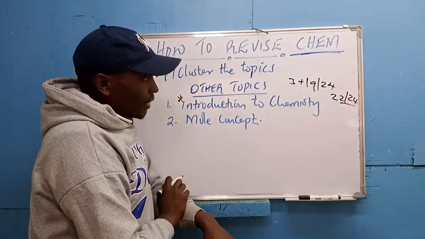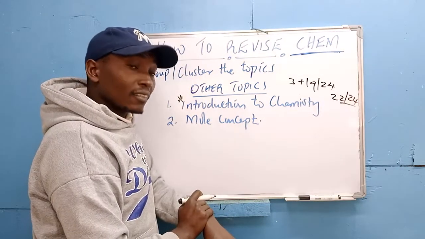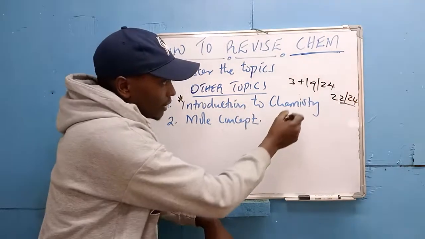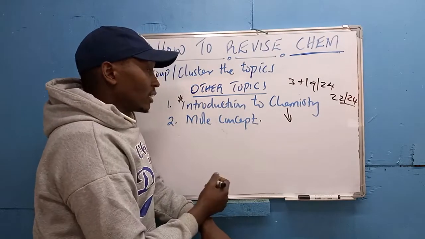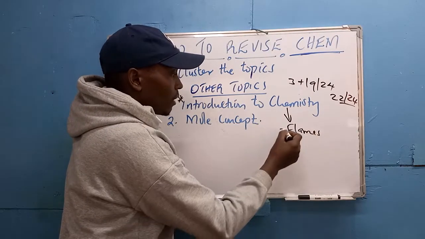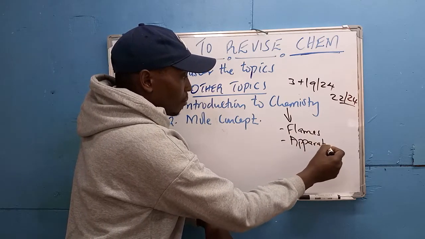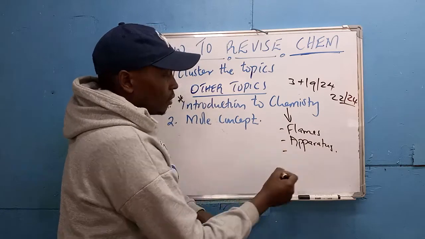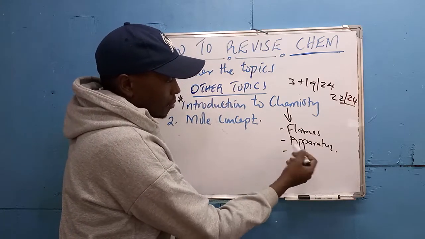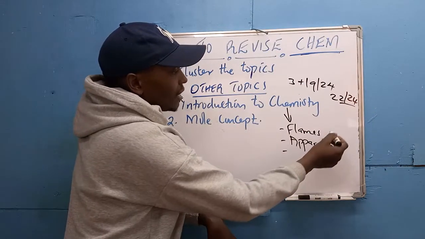Of course, under the introduction to chemistry, it's a topic that the student should not disregard. It can easily be examined, even in a national exam. In this case, the student needs to revise the flames, revise the apparatus. Then the student can talk about maybe laboratory safety rules, well and good. But mainly that is it.